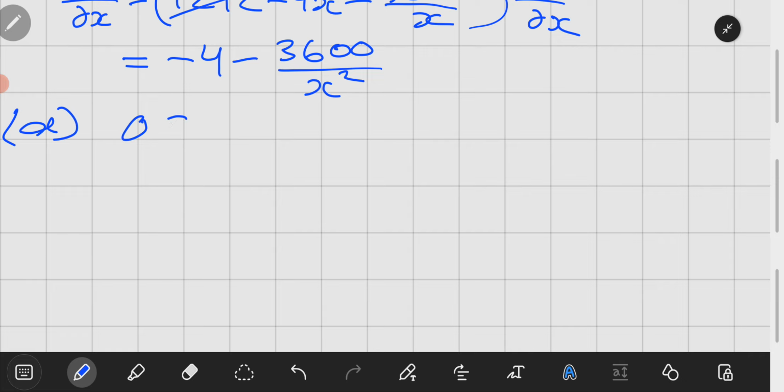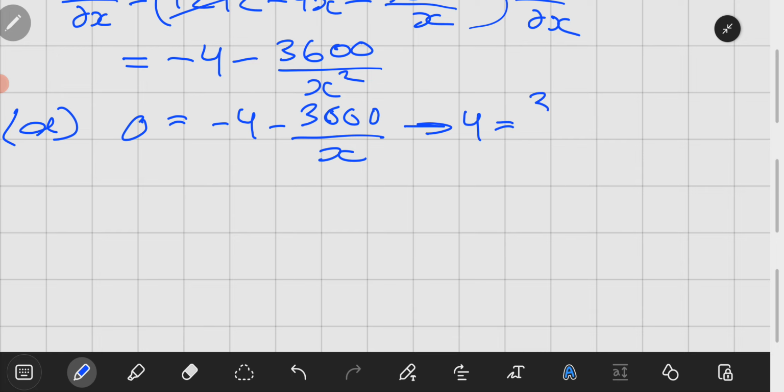So we say that 0 is equal to negative 4 minus 3600 over x squared, and then we add 4 to both sides. We're going to flip both sides, and then multiply both sides by 3600.